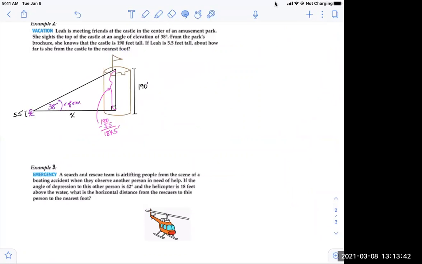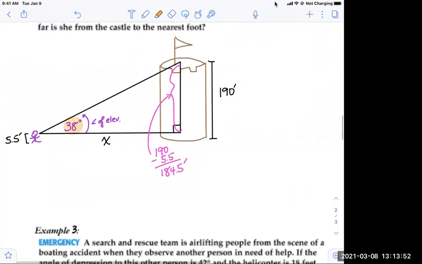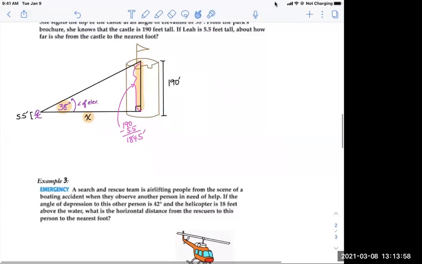Okay, I'm going to turn this down a little bit so I can work my beautiful drawing. Meg, tell me, is it sine, cosine, or tangent? We've got 38 degrees, we've got X, and we've got this side over here is 184.5. Sine, cosine, or tangent? Tan.